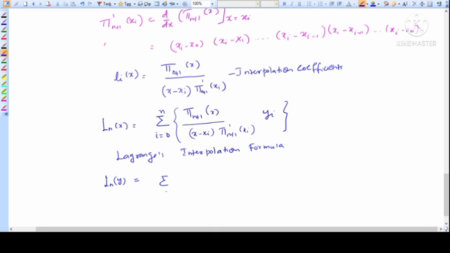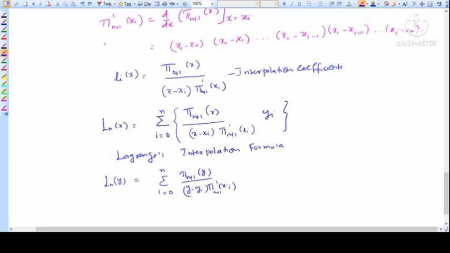For Ln of y, just replace the values of x with y. So Ln of y is sigma of pi n plus 1 of y divided by y minus yi into pi prime of yi, into xi.